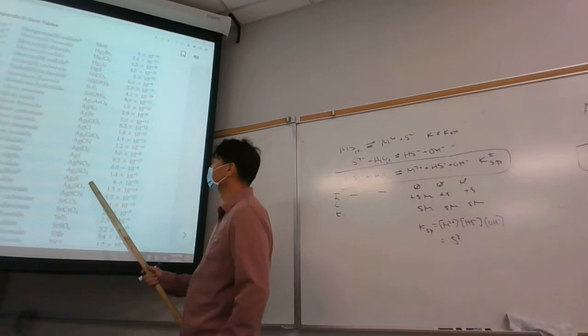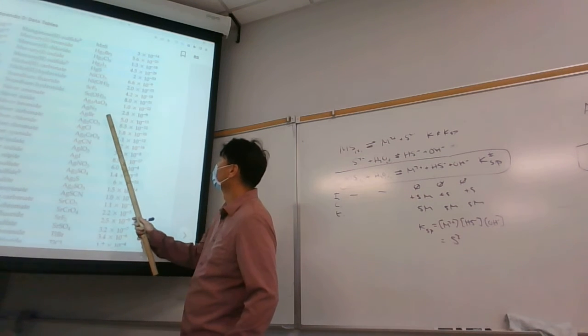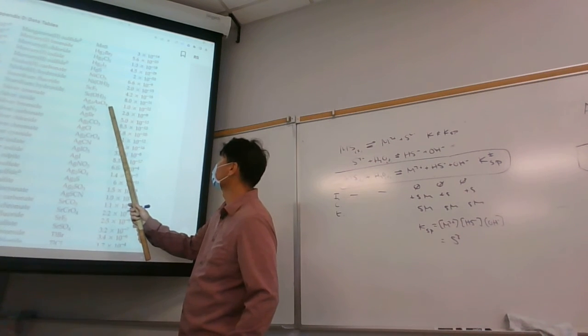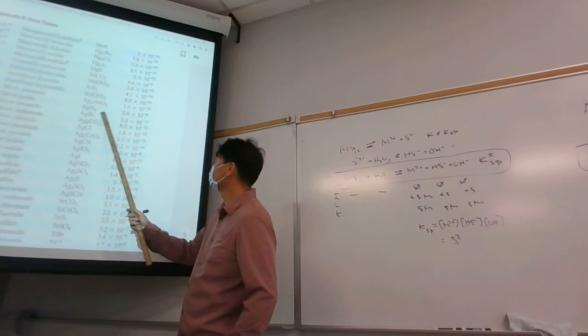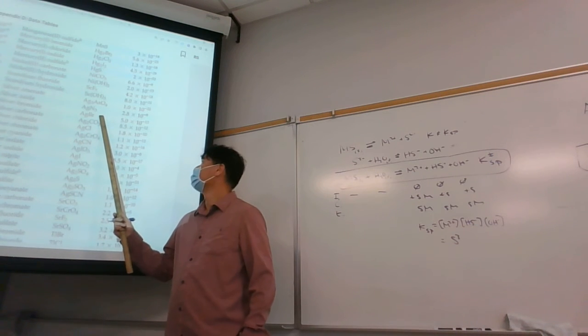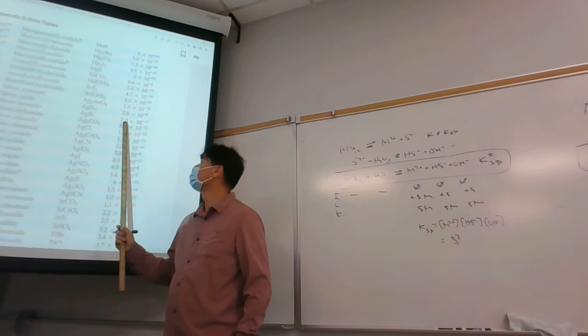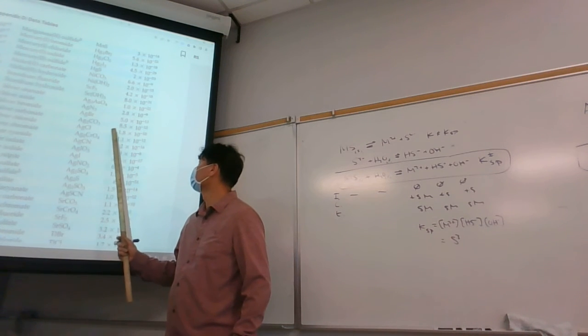Okay, that would be good. But there are a lot of other potential candidates here. For example, arsenate would be good. Arsenate is pretty toxic. Azide, no, azide would be bad. Azide wouldn't work. Bromide would work. Carbonate would work.